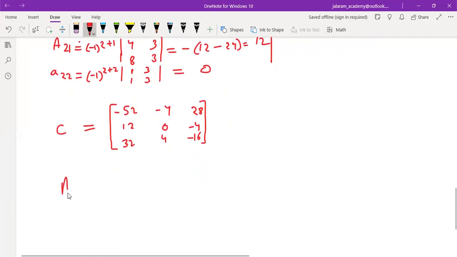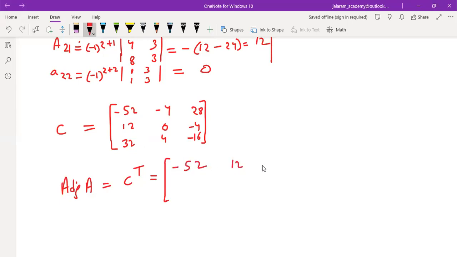So this is C. Then we find adjoint of A equals C transpose, which is obtained by taking the transpose of C, meaning changing the columns into rows: minus 52, 12, 32.